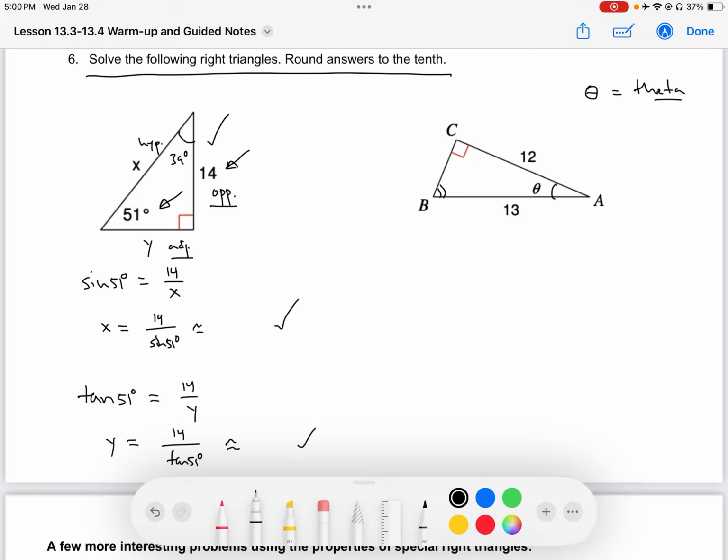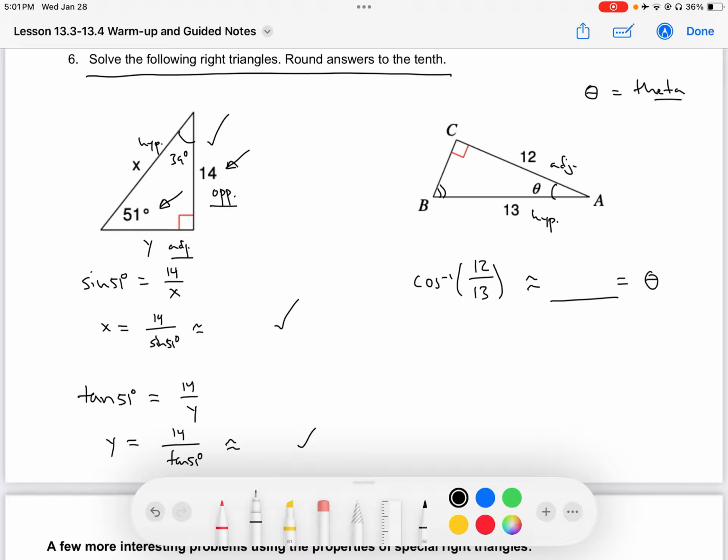So if I want to find theta, this is the hypotenuse, and this is the adjacent side to theta. So I know that cosine is adjacent over hypotenuse. So if I already have the adjacent over hypotenuse ratio, I can use the inverse cosine to find my angle. And that's going to give me my theta value. And you can find that on your calculator.